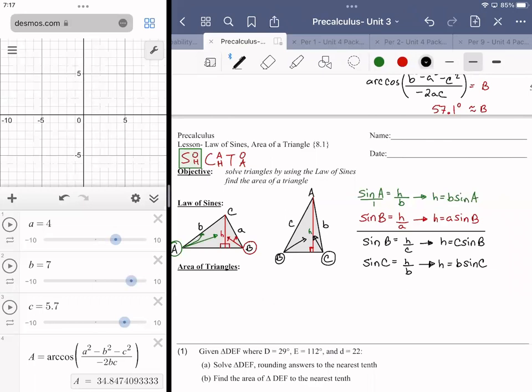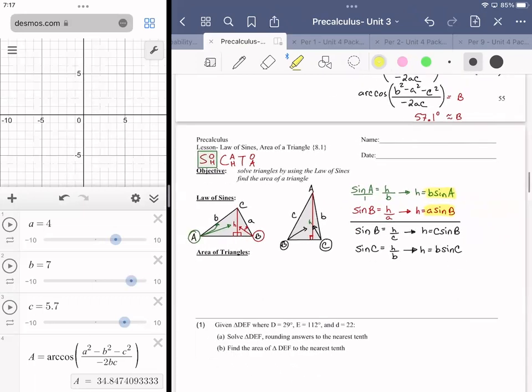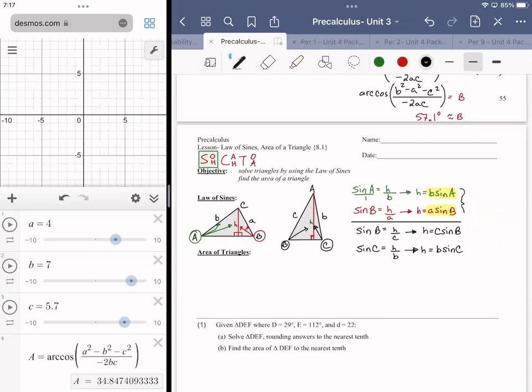But what I can get is a relationship between these two equations, because if they're both equal to their own H, then they're equal to each other. So that tells me that B sine A is equal to A sine B. And same idea over here, even though it's different H's from the first pair, these two H's are equal to each other.